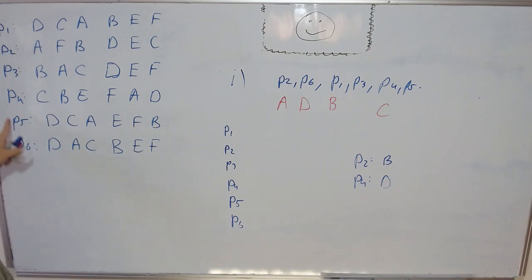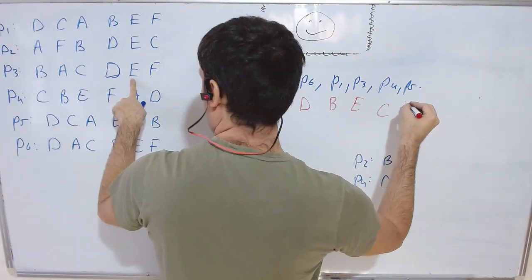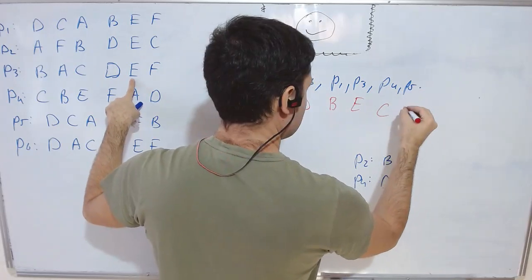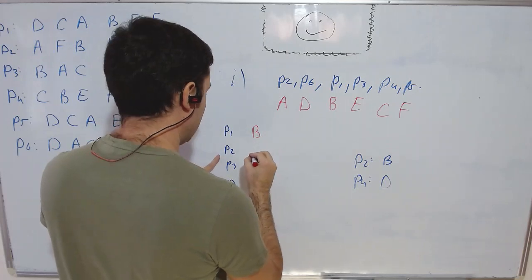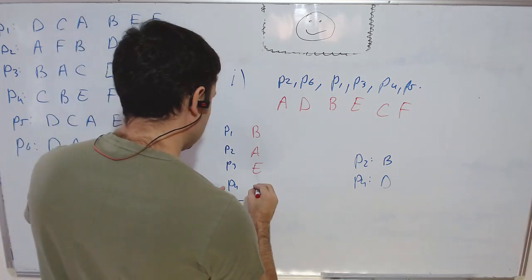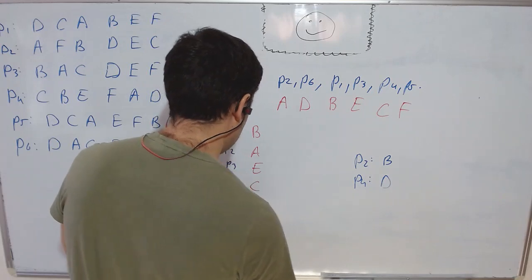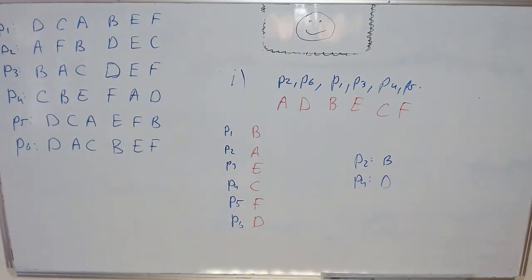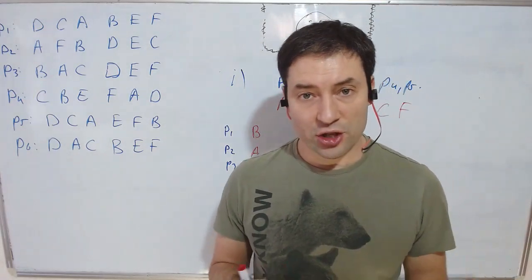Then P3: B is taken, A is taken, C is taken, D is taken, he takes E. And then P5 gets F. So P1 ends up in B, P2 in A, P3 in E, P4 C, P5 F, P6 D. So B, A, E, C, F, D. Okay, a match. All right, so that's how we work with one-sided matching problems.